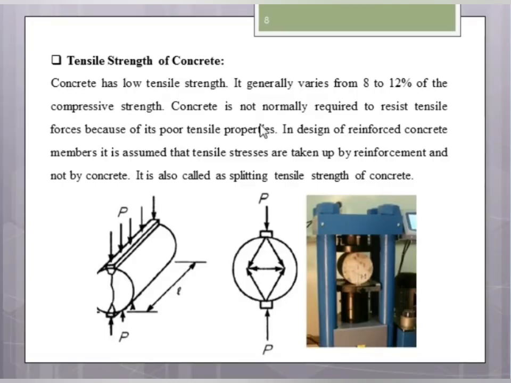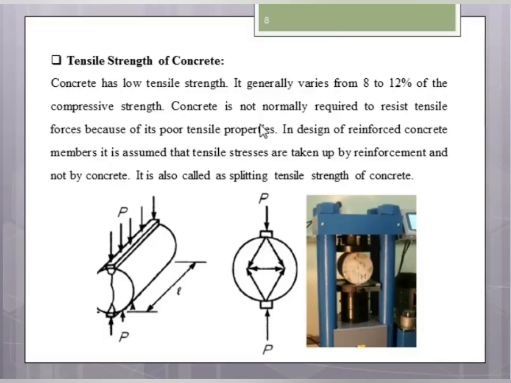Tensile strength, actually, this is the indirect tensile stress. Tensile stress, in the sense of steel reinforcement, is nothing but pulling from both ends under the UTM. So that is the tensile strength.